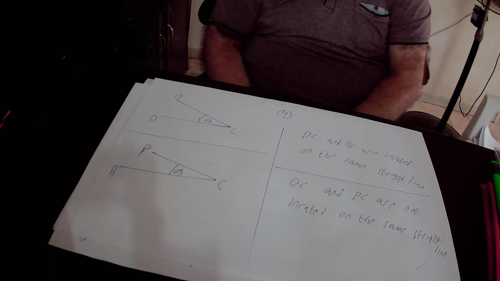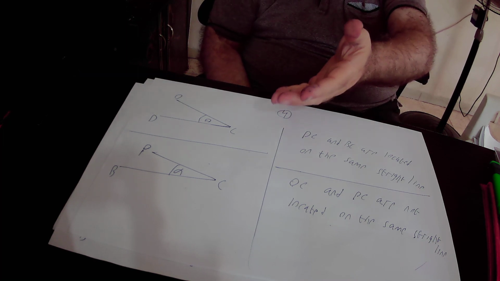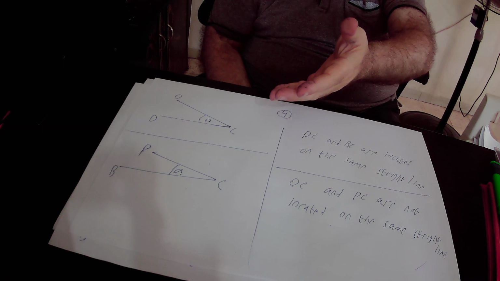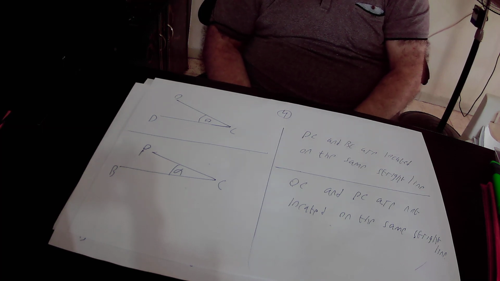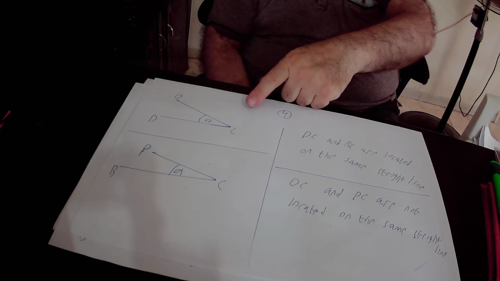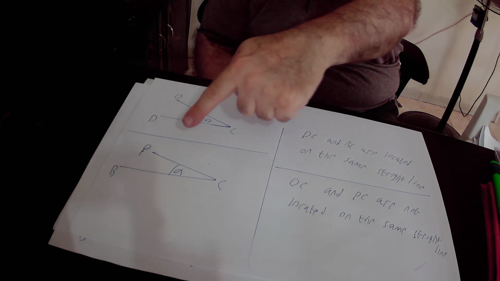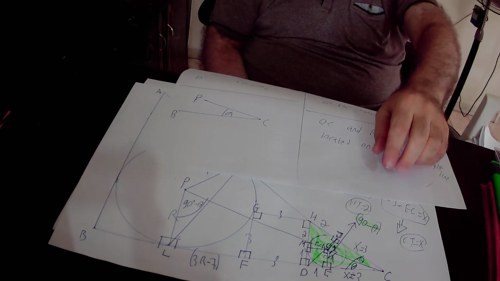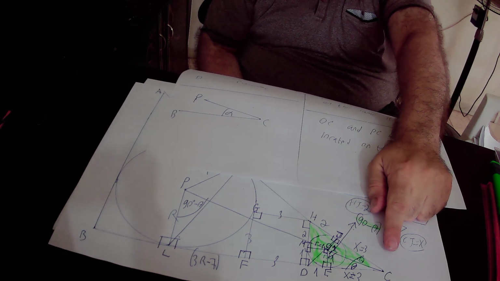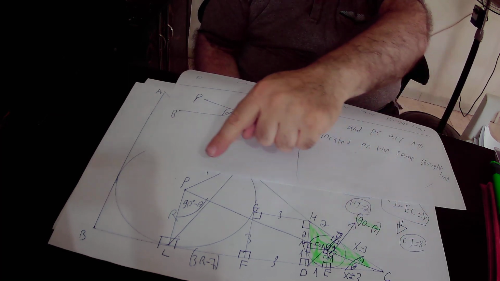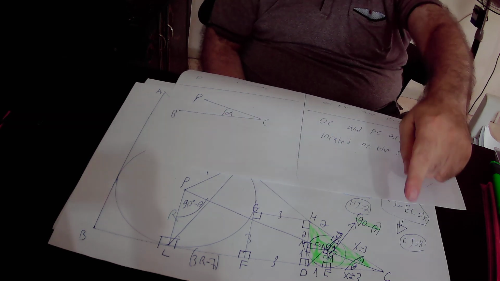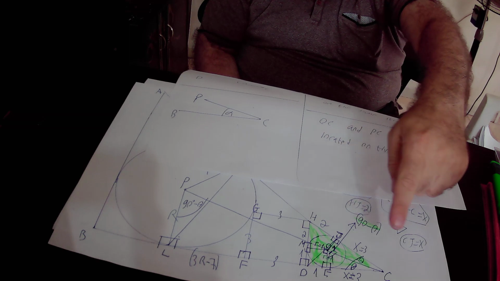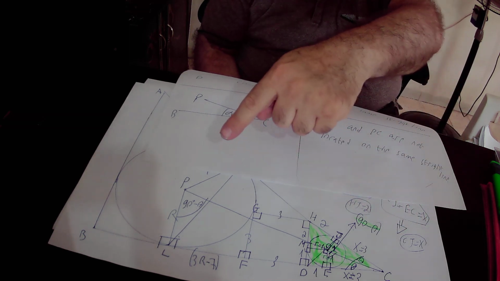In order for the two angles to be equal to each other, the other leg of the angles must also be located on the same straight line. That is to say, OC must be located on the same straight line as PC. But according to our assumption that CO doesn't pass through point P, CO is not located on the same straight line as PC.